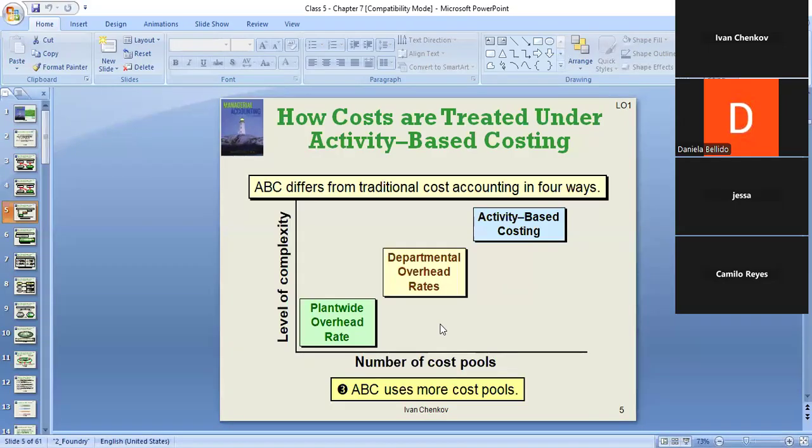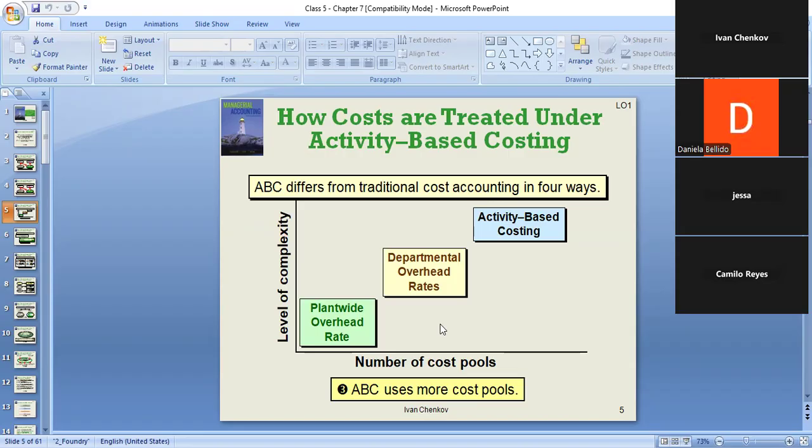By estimating the total cost for the entire factory, for the entire company, divided by the allocation base, we can come up with the predetermined manufacturing overhead rate, and that's how we're going to apply. It's very simple. You don't need much effort.